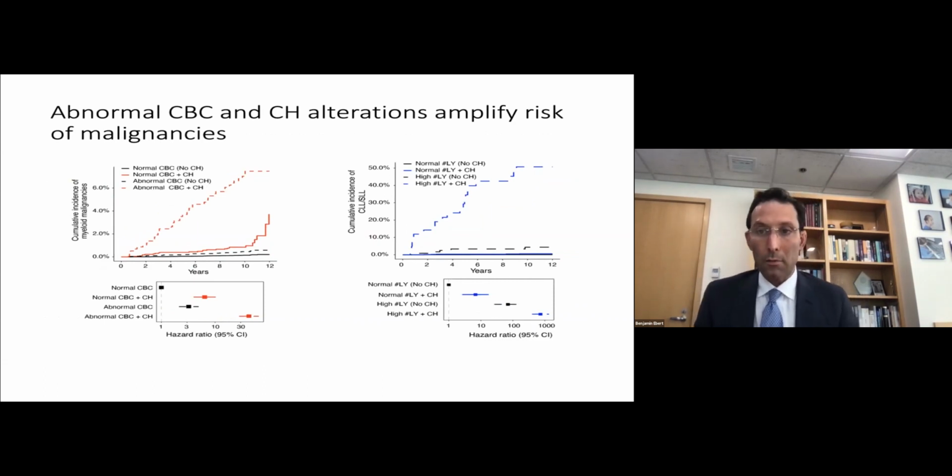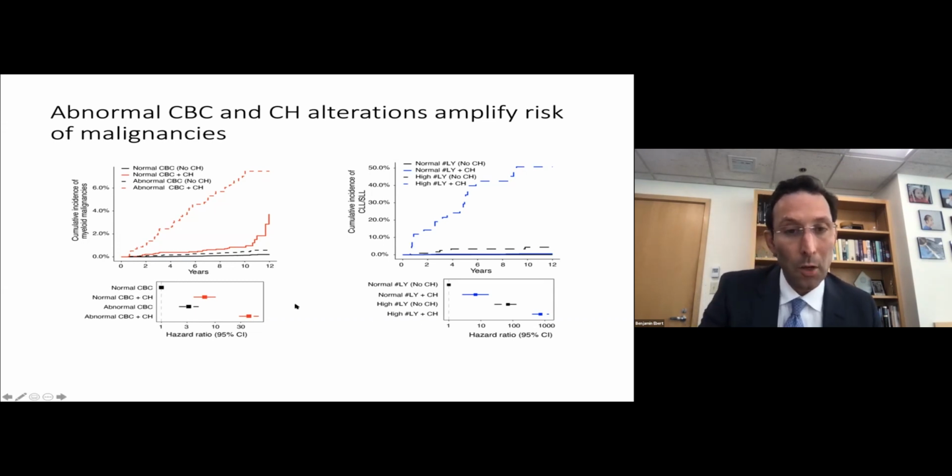In addition, we know that blood count abnormalities integrate with these molecular abnormalities to further increase risk. So individuals who have an abnormal CBC and any type of myeloid genetic abnormality, either a point mutation or copy number abnormality, have a powerfully increased risk of developing a myeloid malignancy.